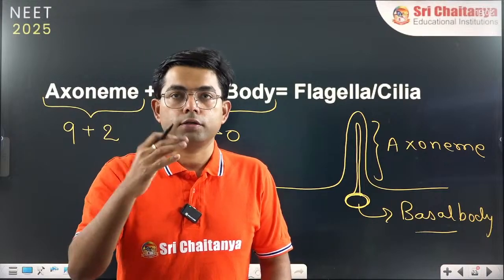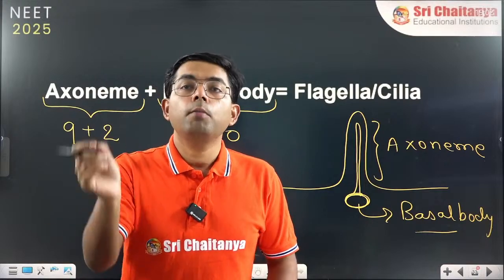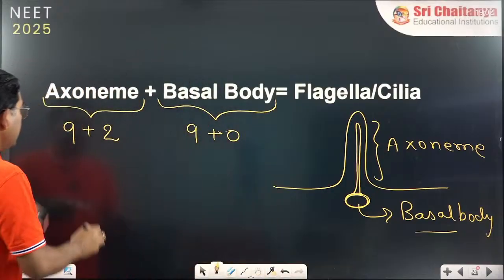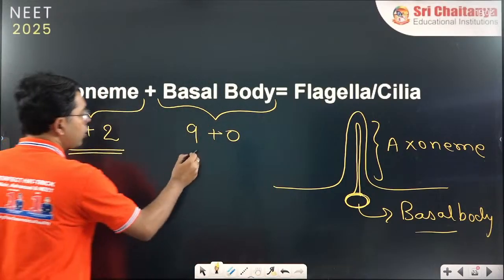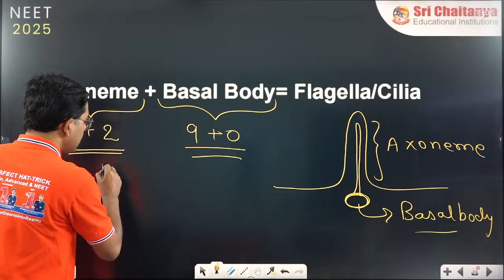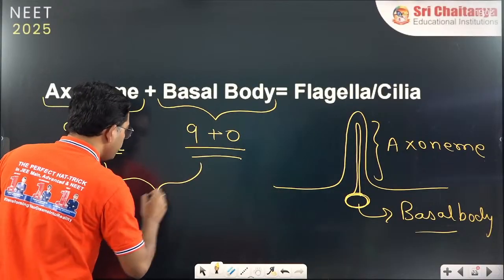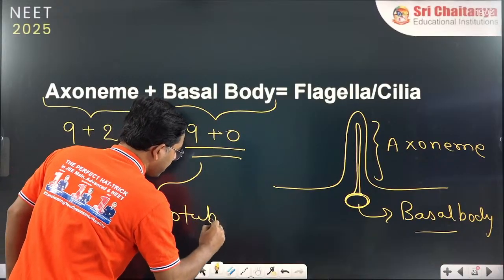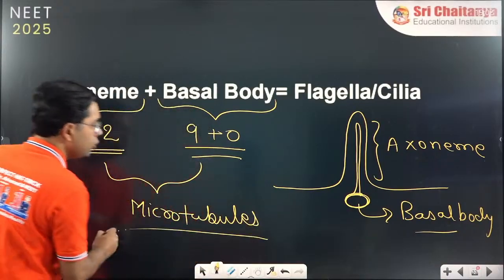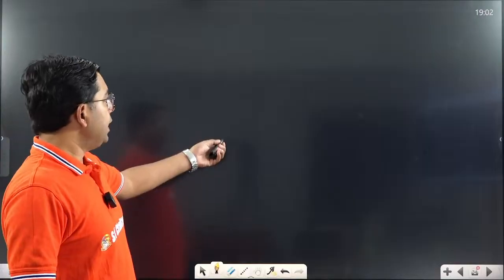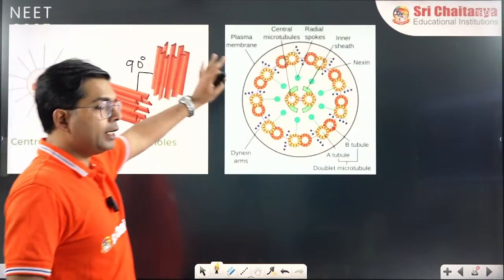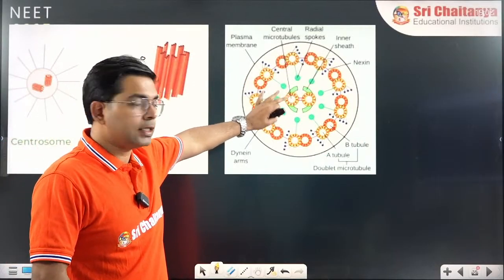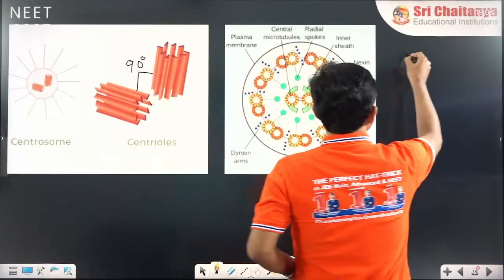The arrangement of microtubules. When I say 9+2 arrangement or 9+0 arrangement, this is the arrangement of microtubules.